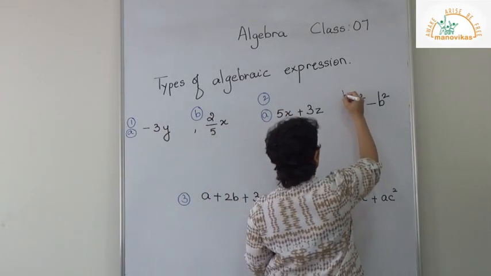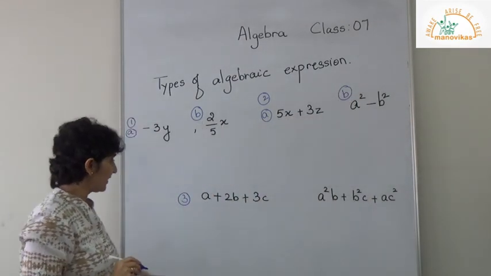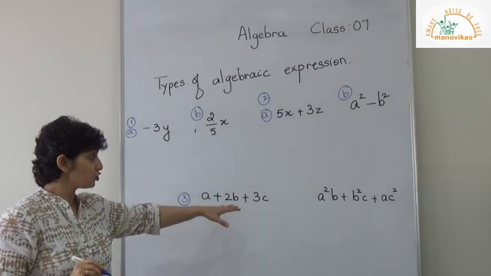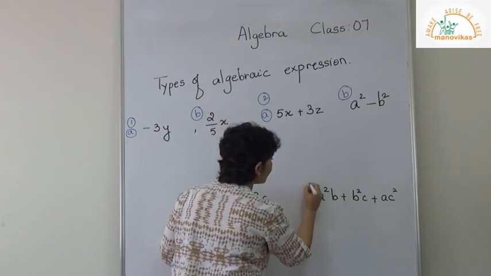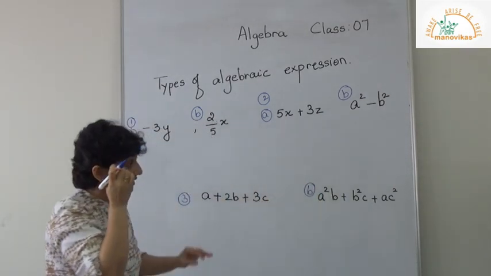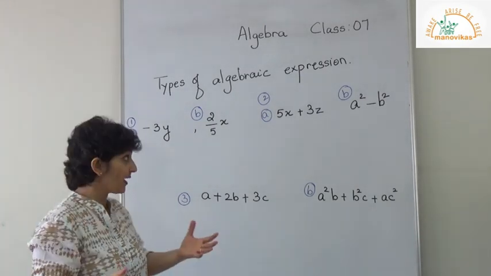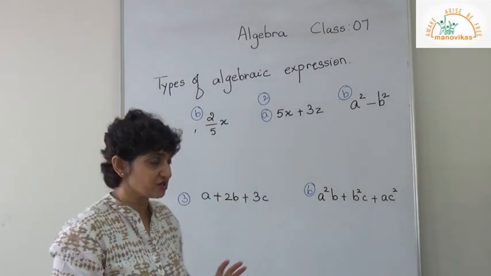And here I have a squared minus b squared. In a third kind of example, I have a plus 2b plus 3c. And here I have a squared plus b plus b squared plus c plus ac squared. All these are algebraic expressions.